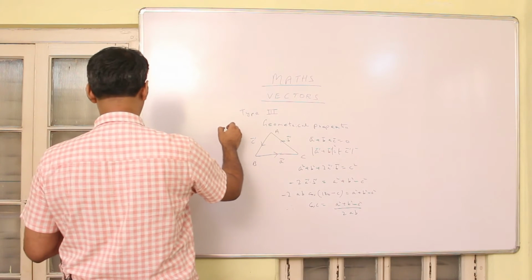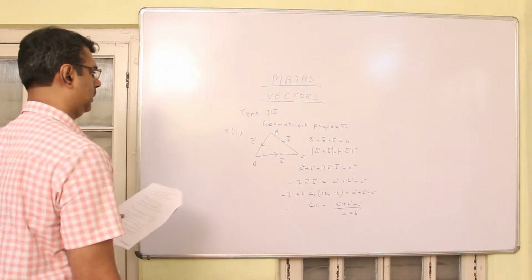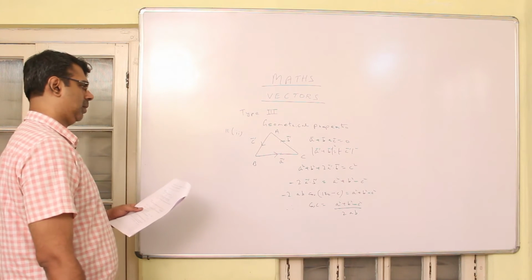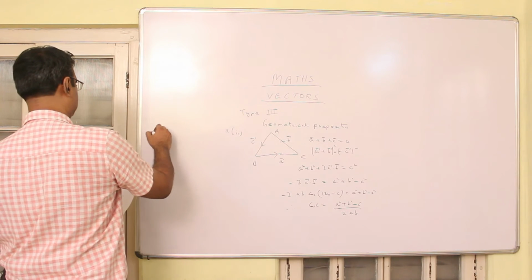So this is actually question number 11 part 2. So we are simply using the geometrical properties of vectors.